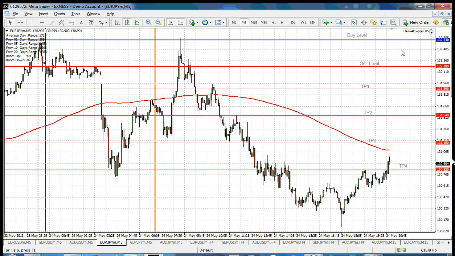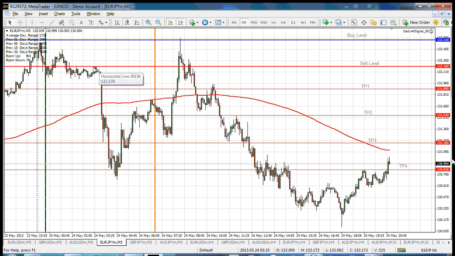This is how you trade on each of the pairs that I give signals on, and it's pretty simple and basic. All you are basically looking for is the price hitting any of these buy and sell levels from inside the consolidation zone.